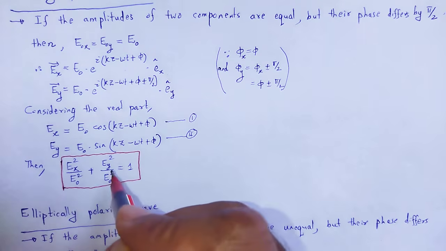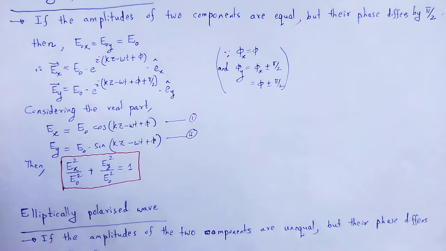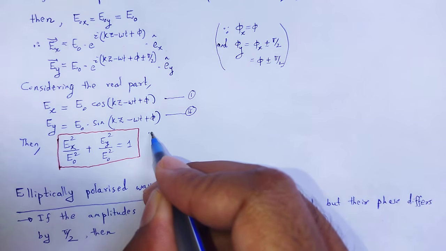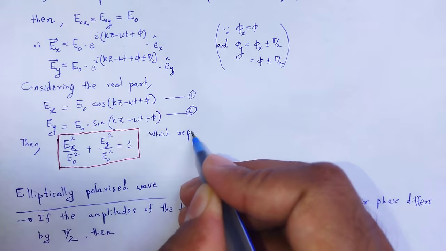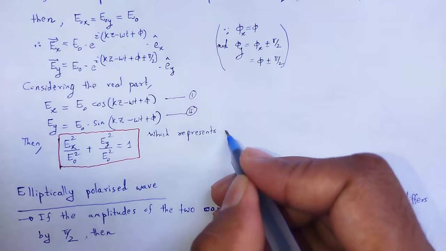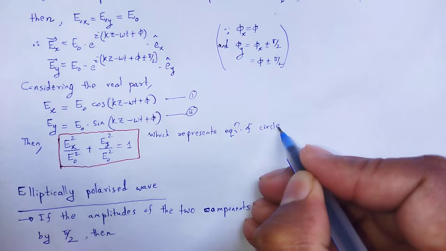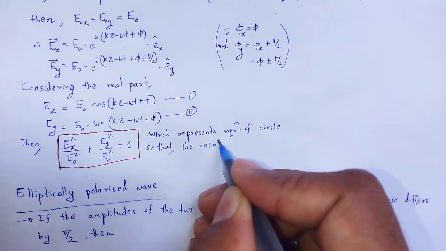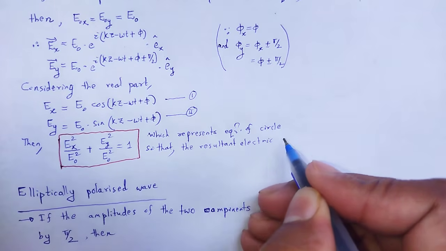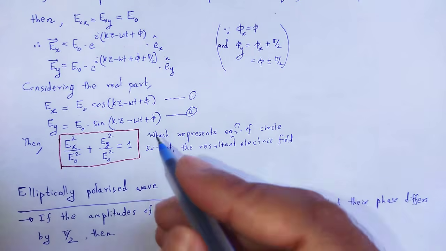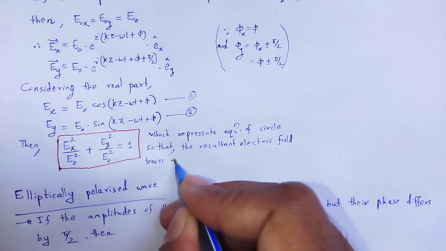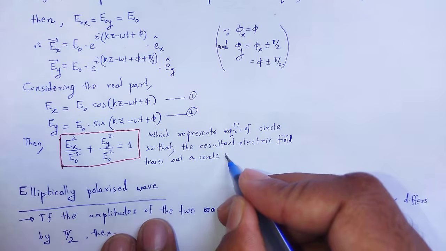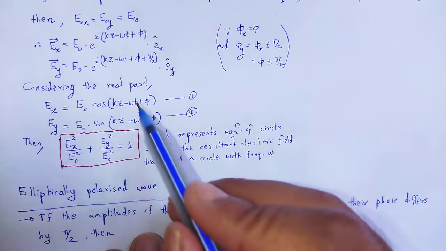Look carefully at that equation. That equation is nothing but the equation of a circle, so that the resultant electric field traces out a circle with frequency omega.